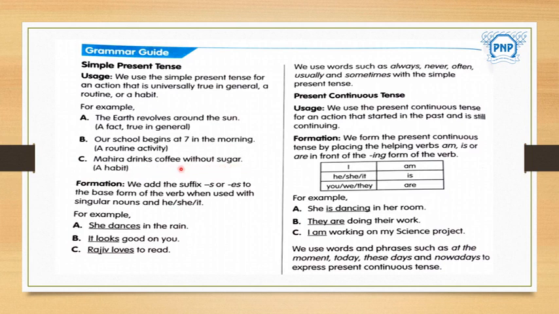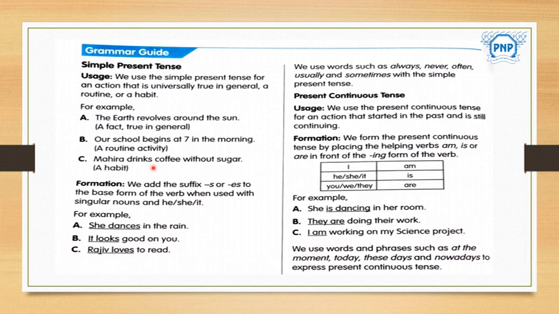Means whenever she drinks coffee, she drinks it without sugar. That's why, as Mahira is a singular noun or subject, here to the verb we have added the s suffix. Okay, suffix means the letters which we add at the end of any word. They are known as suffixes.